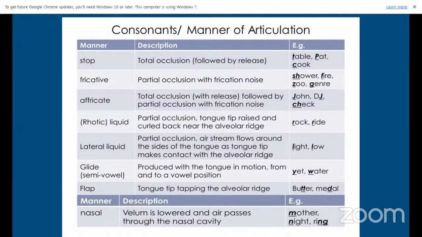Fricative, there's a kind of friction. Fan, fire, friction. Can you see that friction? That's a fricative sound. Consonants which fall under this category are, what are they? Fur, ver, the, s, z, all these.